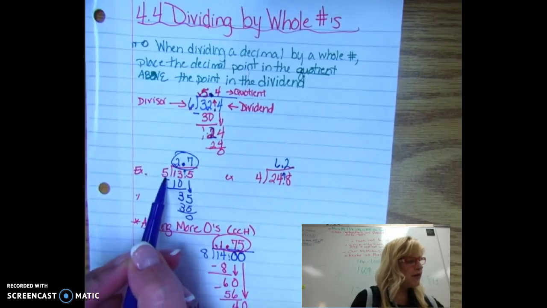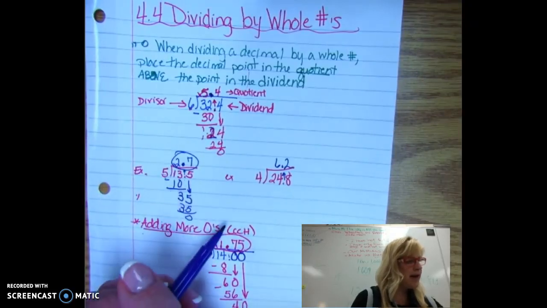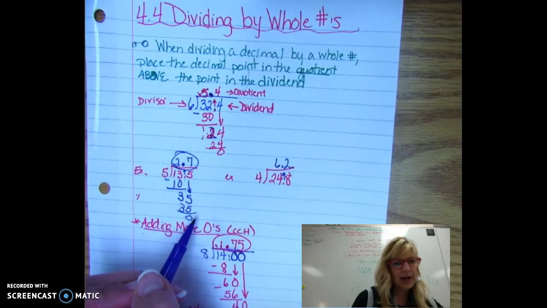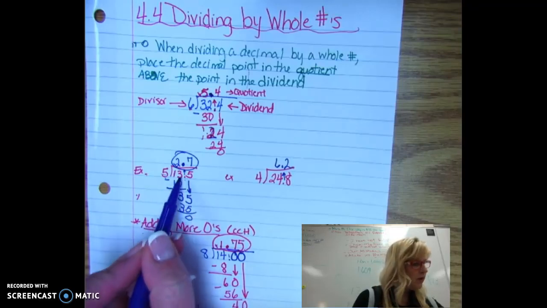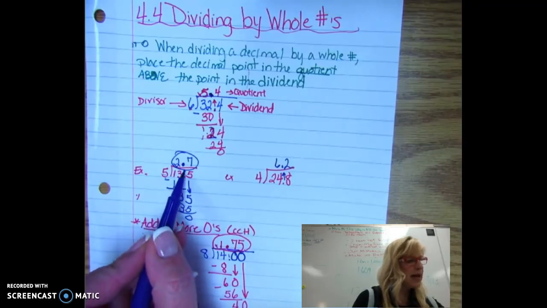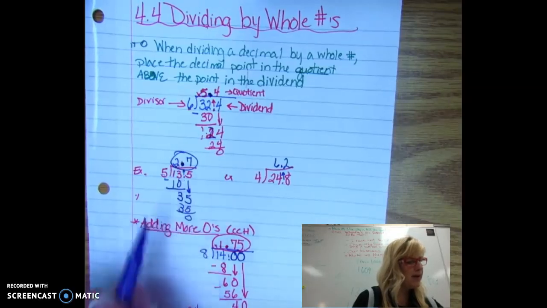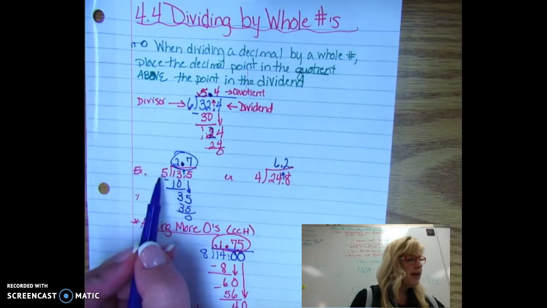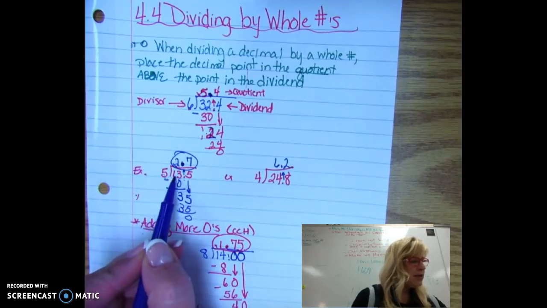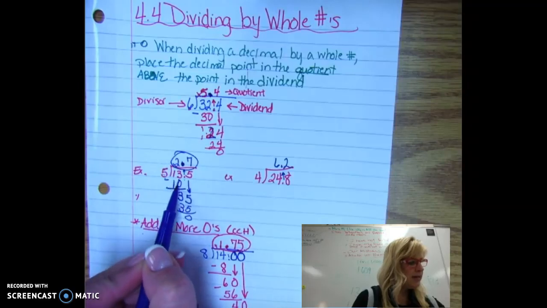If you do 5 into 13.5, just fill in the numbers as we go along. First thing you do is it's a little hot air balloon and it floats to the top. Put that right there between the 3 and the 5 in the quotient. 5 goes into 13 2 times. 2 times 5 is 10.